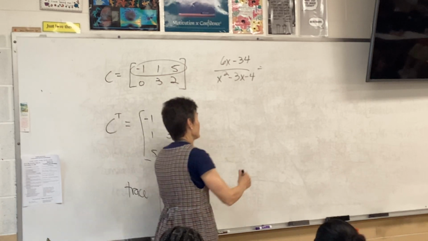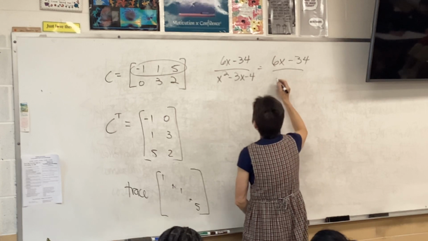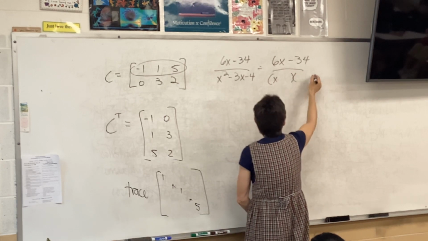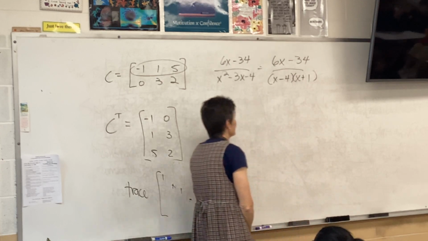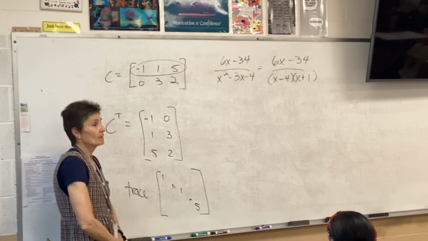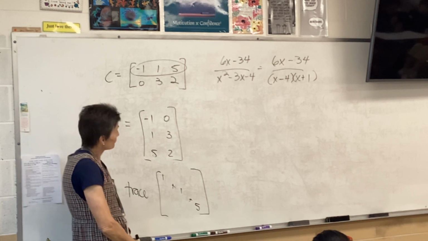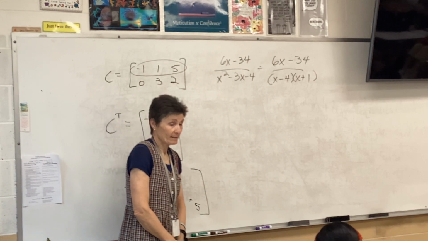Factor the denominator. That has got to be step 1, guys. What if it doesn't factor? It will factor. If it doesn't factor, it becomes a whole different thing. Yours will factor. Factor your denominator. Factor it correctly.